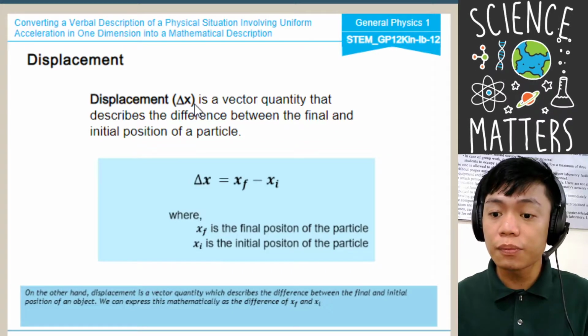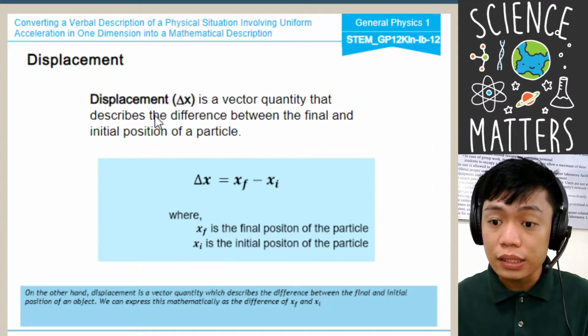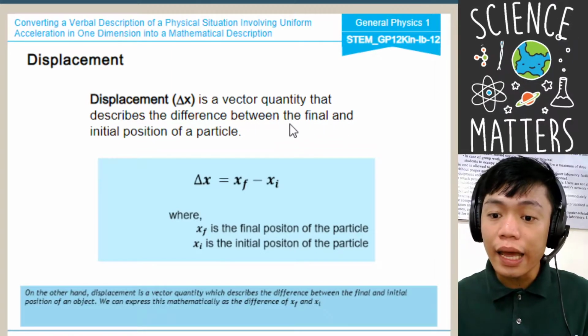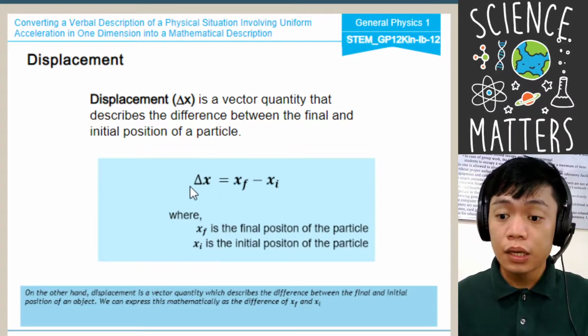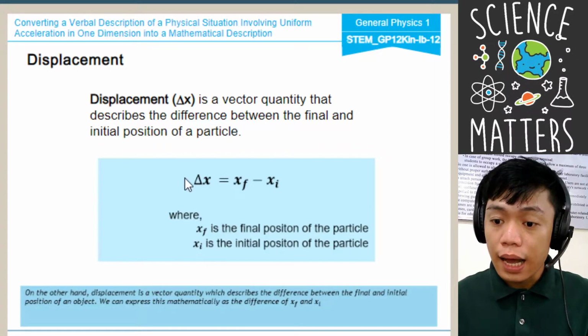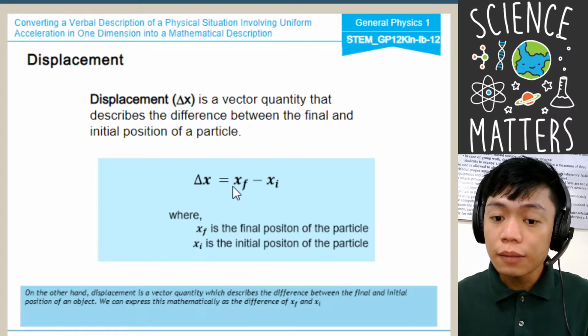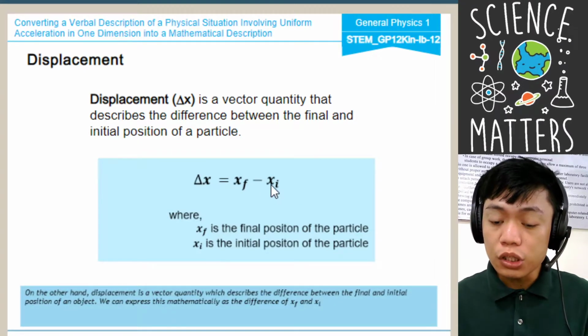So, the change of the position, or the displacement, is the vector quantity that describes the difference between the final and the initial position of the particle. So, displacement, as this symbol, is equal to the final position minus the initial position.